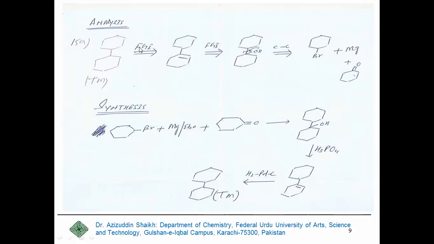If you have no functional group, how will you disconnect the molecule? You can introduce the double bond, then the double bond can be converted into a hydroxyl group, then the hydroxyl group can be converted into a ketonic group. So any molecule has the possibility to disconnect. If you apply the disconnection approach, then you can synthesize this compound.